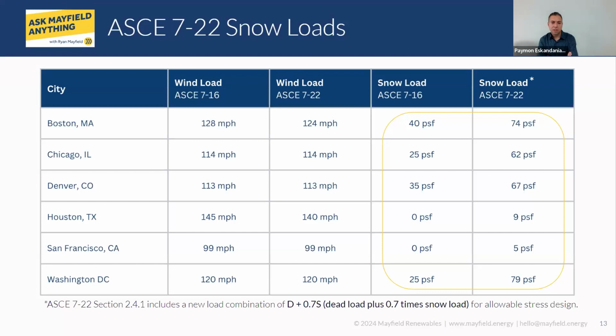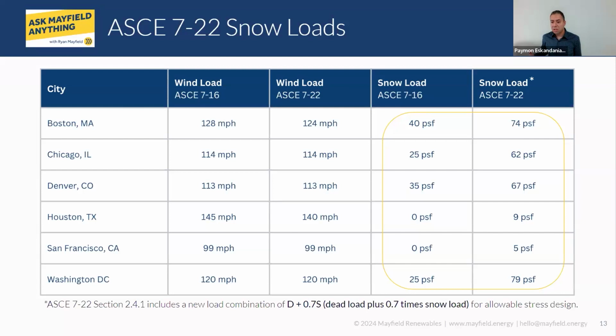Yes, absolutely. And that increased snow load has two implications. One is on the racking side, it's potentially going to lead to smaller spans in the snow regions, and Matt and Ryan can speak to that.